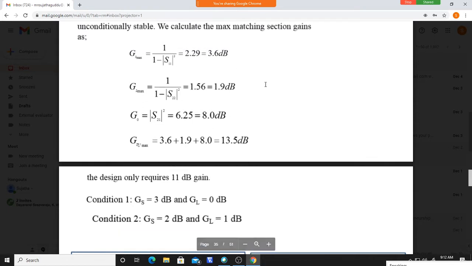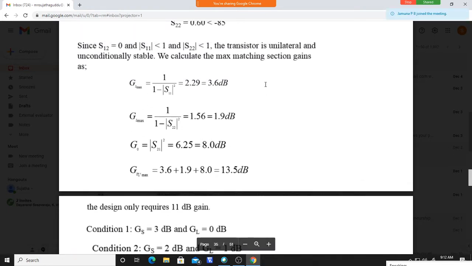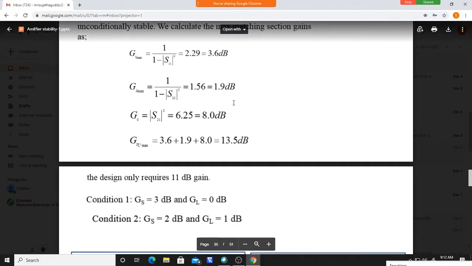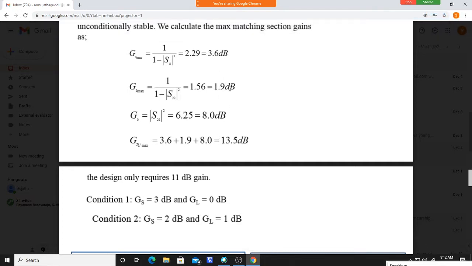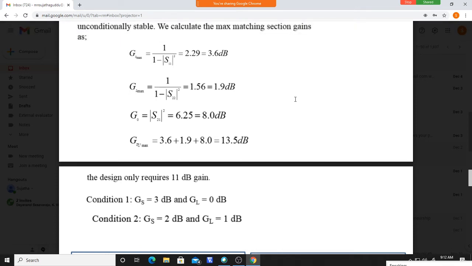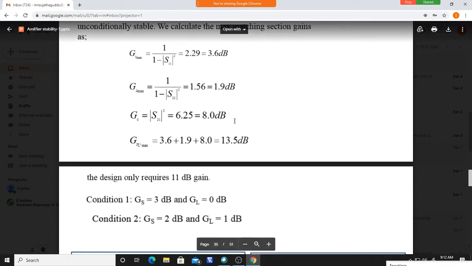We needed 11 dB. How to take the values? Most of you did 2 dB here and 1 dB here, because 1.9 is the maximum value for GL and GS maximum is 3.6. That way you did, and it's correct. You can choose 2 dB here and 1 dB there.